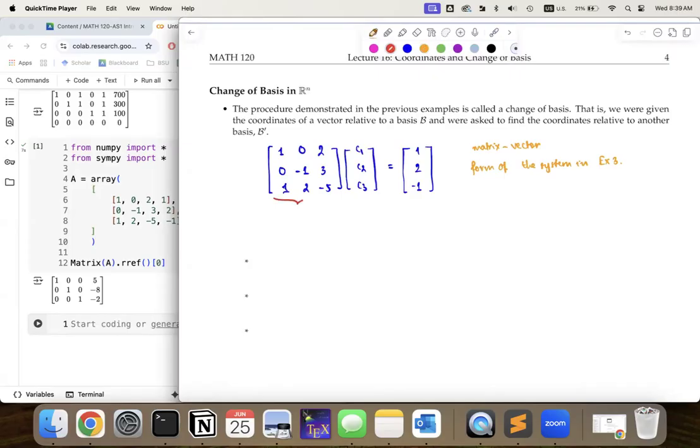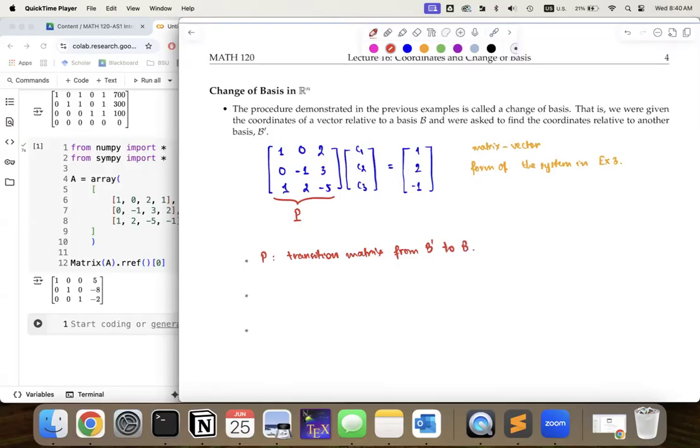The coefficient matrix now has the name matrix P. P is the transition matrix from one basis to another basis, the transition matrix from B prime to B.